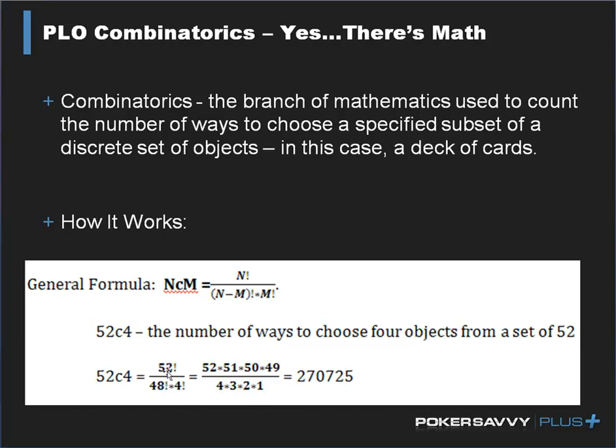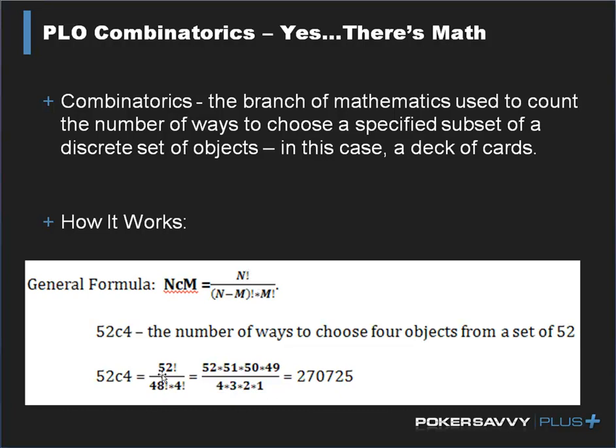52 times 51 times 50 times 49 times 48, etc., divided by, down here as one of the pieces of the equation, 48 times 47 times 46 times 45. Everything from 48 down cancels. And the way this formula is written, this is always going to happen.